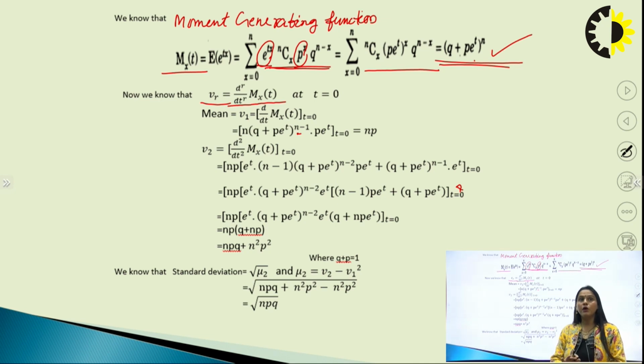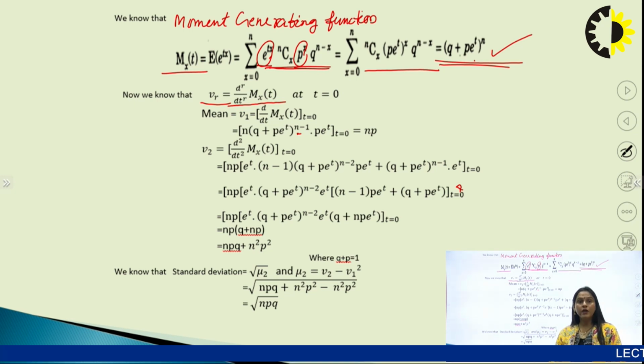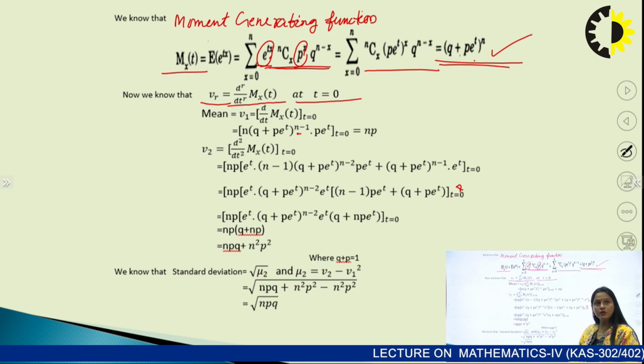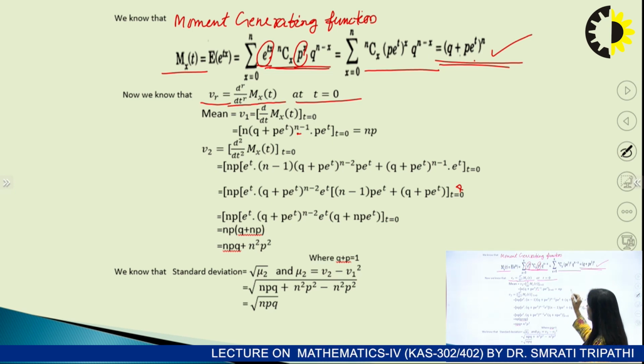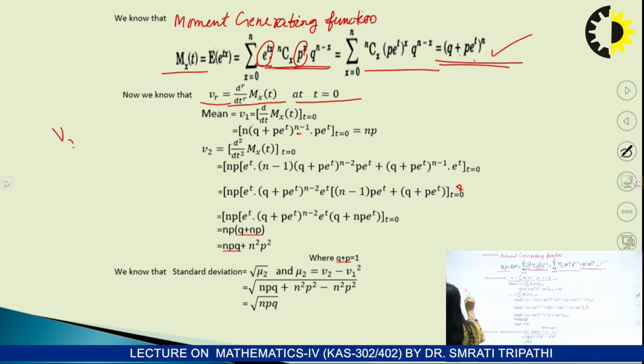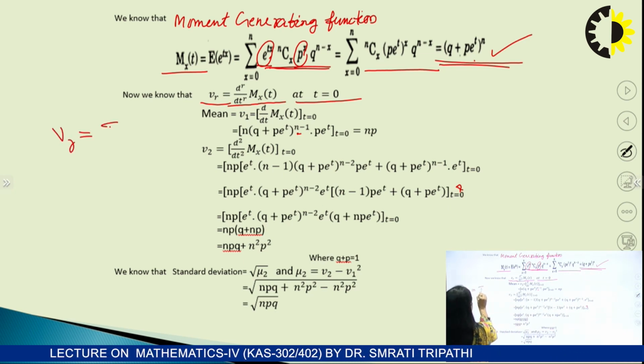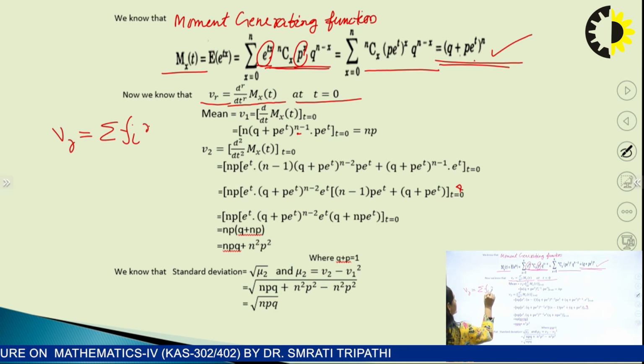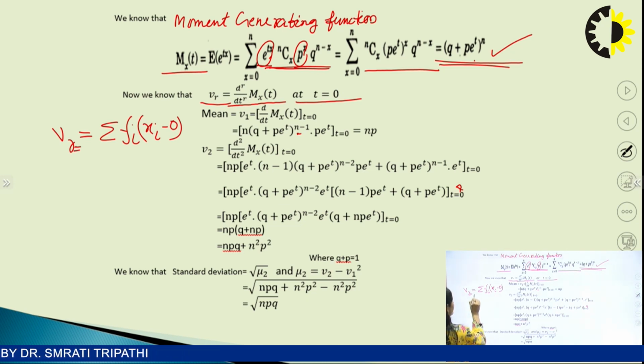The rth moment about origin can be easily calculated by differentiating the moment generating function r times and substituting t equal to 0. And we also know that nu r is summation fi xi minus 0 to the power r, and here we are taking r equal to 1.